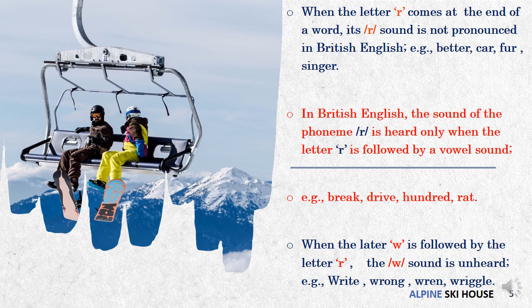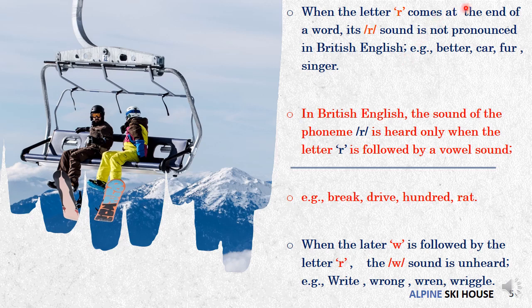When the letter R comes at the end of a word, its R sound is not produced in British English. Now, we have accents: British accent, American accent. We also have Indian accent. But let me tell you, students, in the present scenario and situation, we all need to practice neutral accent so that you would be understood in any part of the world.